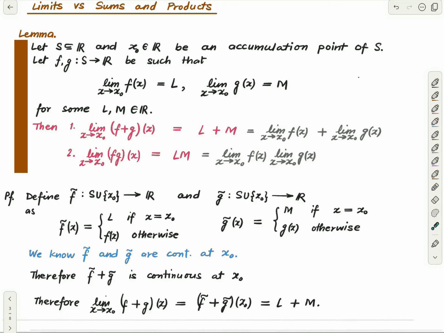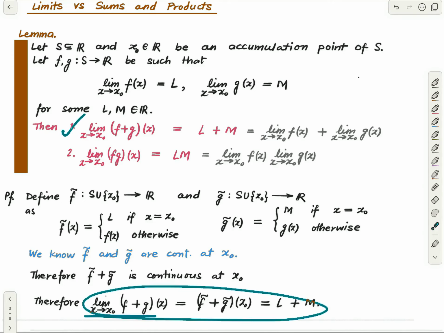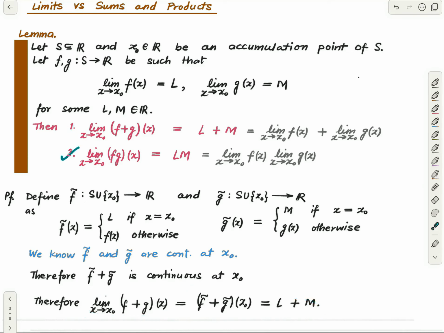So we are just using what we recalled, the converse part. f tilde plus g tilde extends f plus g to this set, and f tilde plus g tilde is continuous at the point x0. We just argued that, and therefore by using the converse recalled in the beginning, we have this conclusion, and that proves part 1. Part 2 holds very similarly, and that's it.